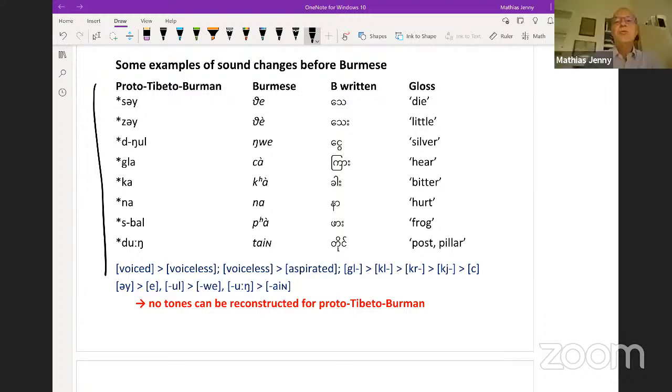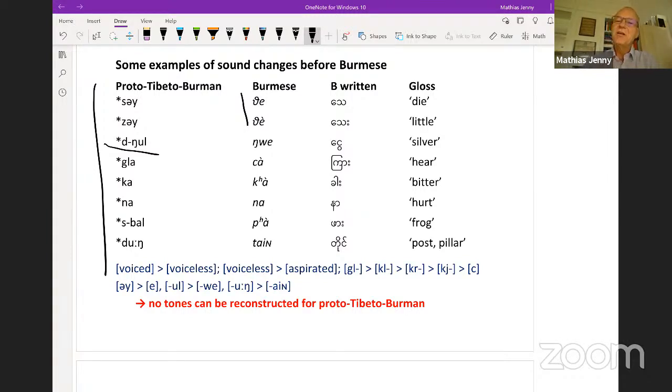So you see that 'big' is *sɔy in Proto-Tibeto-Burman, and 'little, small' is *zɔy. In Burmese, they're both written with a da today. One is de, the other de. Silver, *dmul, becomes ngwe. To hear, *gla becomes cha. *Ga becomes ka, and so on.